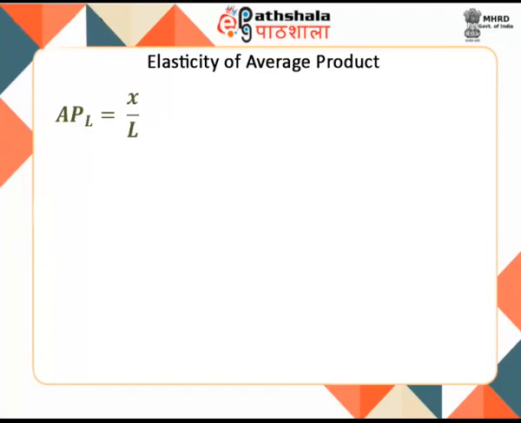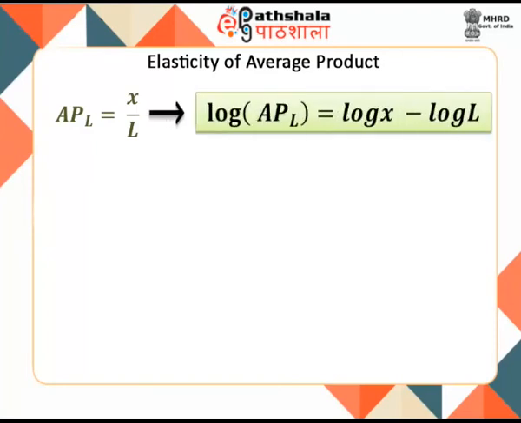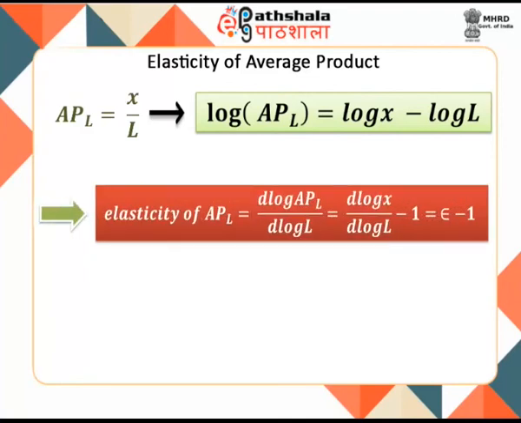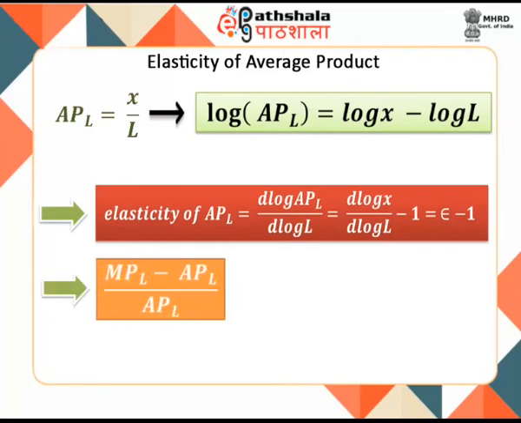Taking log on both sides, we have log APL = log x − log L. Differentiating both sides with respect to log L, we have elasticity of APL = d log APL/d log L = d log x/d log L − 1 = epsilon − 1, which can also be written as (MPL − APL)/APL.